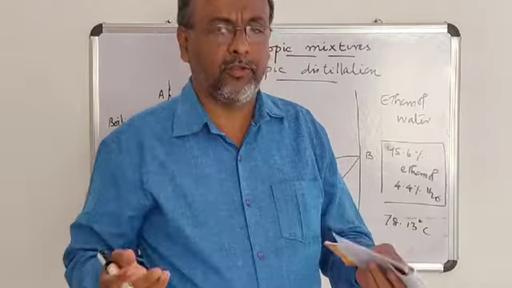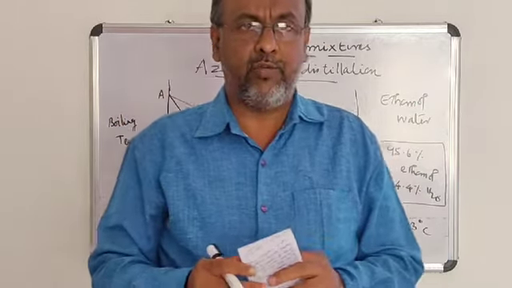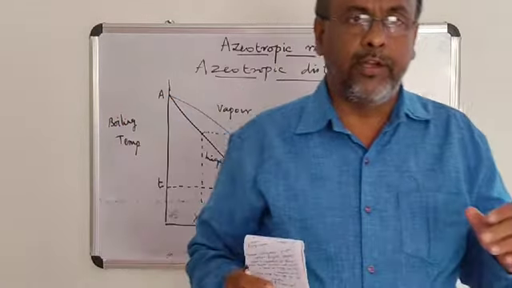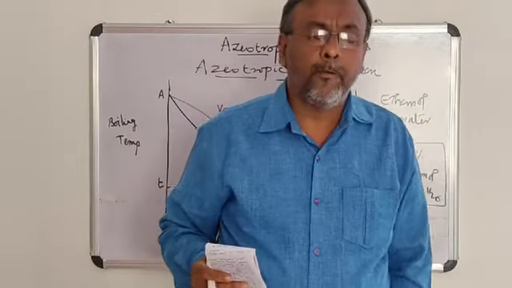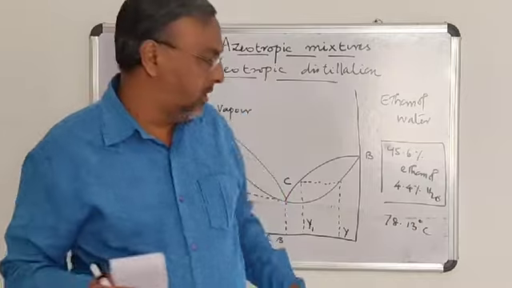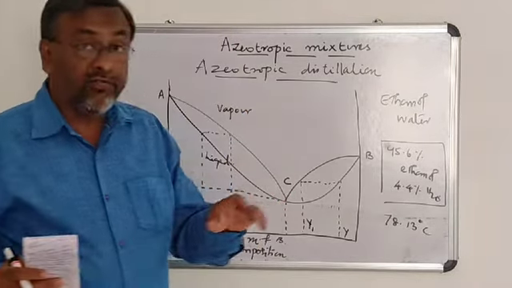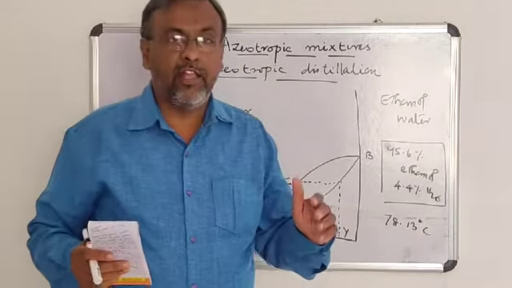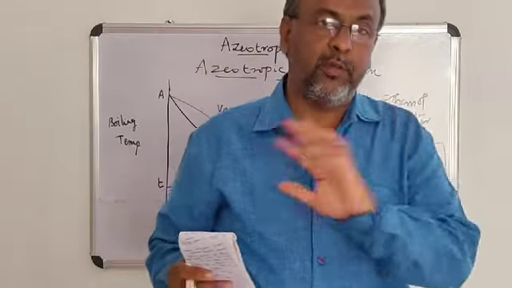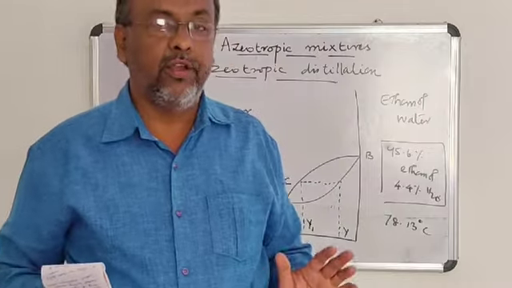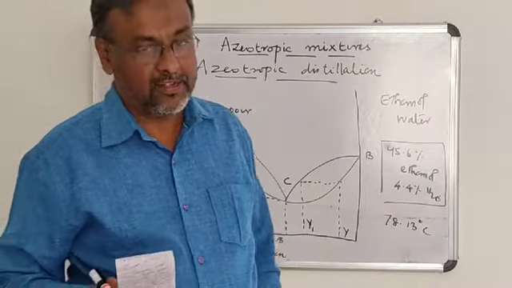Two different liquids will form different azeotropic mixtures at different compositions, and they will boil at different temperatures. Different azeotropic mixtures will have different azeotropic temperatures.